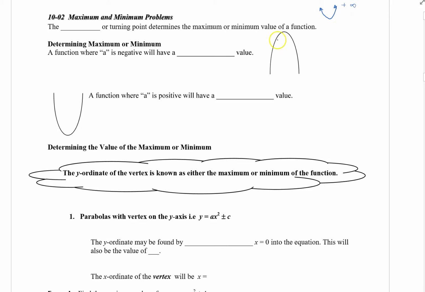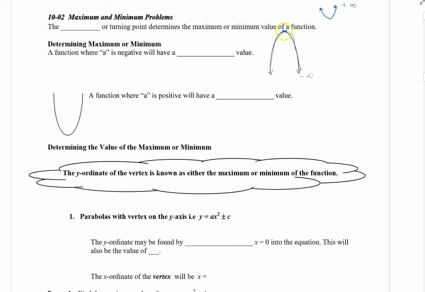However, when our parabola is upside down, so when it's going this way, you can see it reached what we would say is a maximum point, and then it turned and it went down. The minimum of these, again, would be down at negative infinity somewhere, and so we don't really talk about the minimum of this shaped parabola.